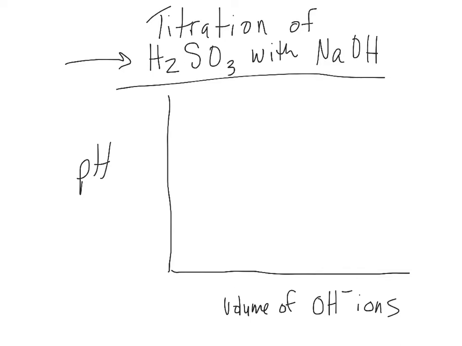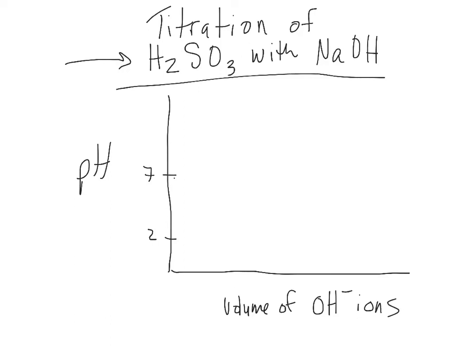If we were to say that 7 is about here, because this is a weak acid, H2SO3 is sulfurous acid, we would expect, if this were a pH of 2 down here, it wouldn't really start down at 0 or 1, but maybe just a little bit above or below 2.